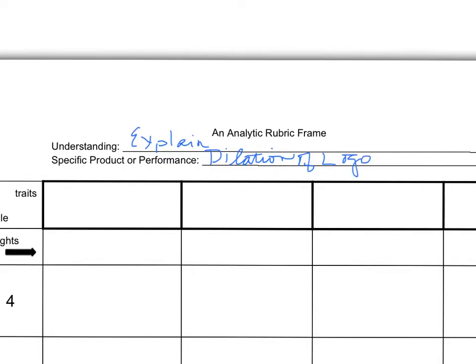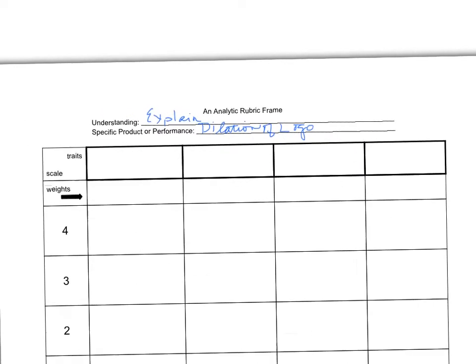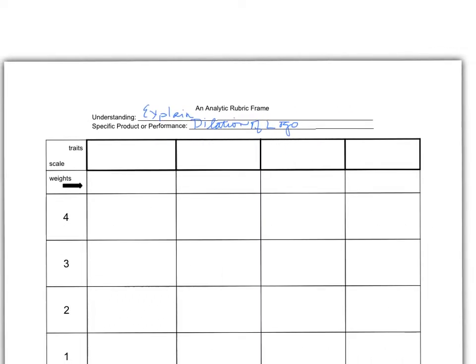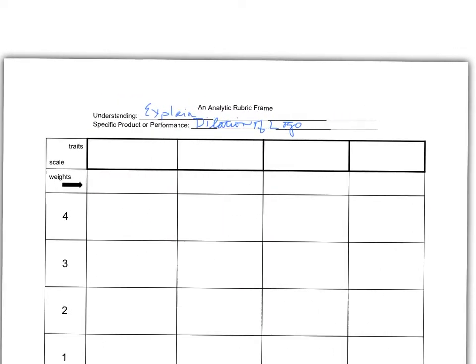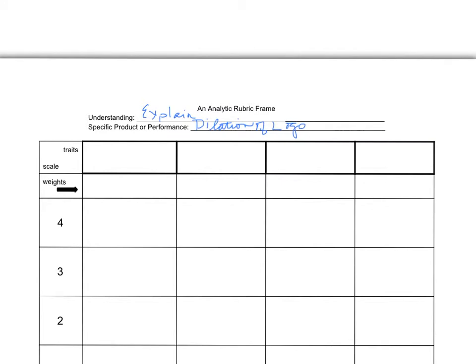And then I'm going to start transferring a little bit of my information from my previous document. So thinking about my categories here, my criteria, the very first criteria that's being used is content. And I stated that I really thought that was zeroing in on accuracy.